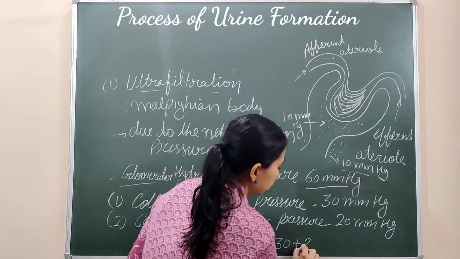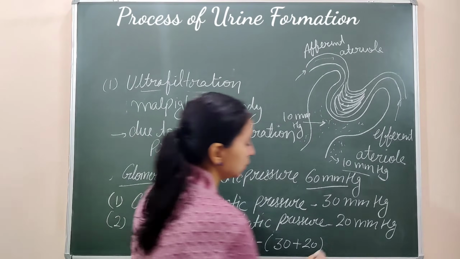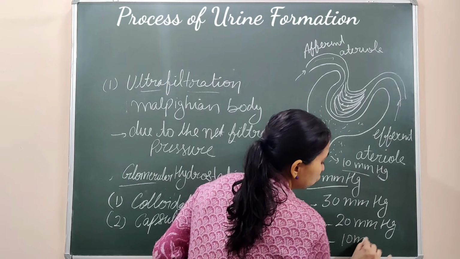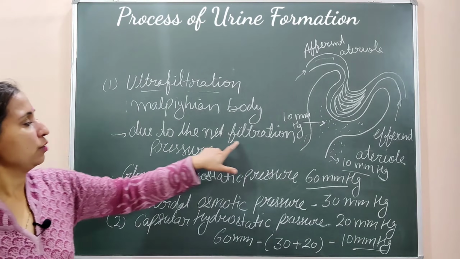So overall when we calculate it, we find the value is 10 mm Hg. So 10 mm Hg is the net filtration pressure.